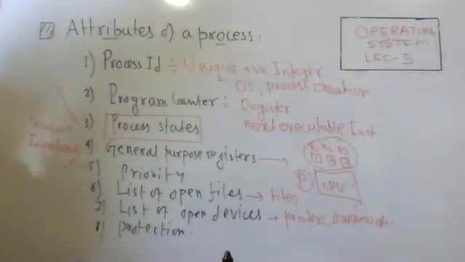So OS should protect a process from others. Okay, so this is all about attributes of a process: process ID, program counter, process states, general purpose register, priority, list of open files, list of open devices, and protection. Okay, I think this topic is clear to you.